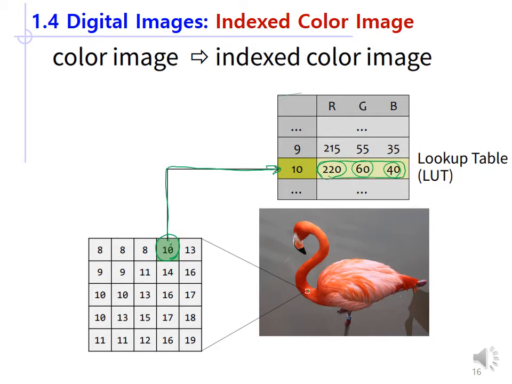So this is a lookup table. The lookup table has RGB information and the index number, and each pixel has only an index. So it does not require that much memory, because the number of colors is much less than true color.